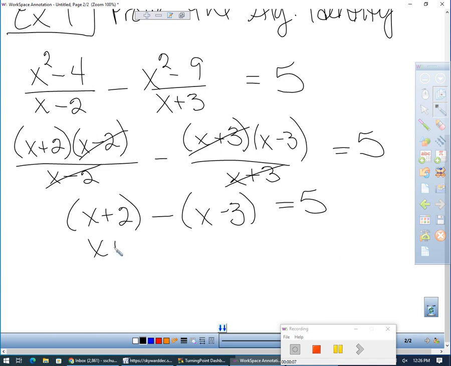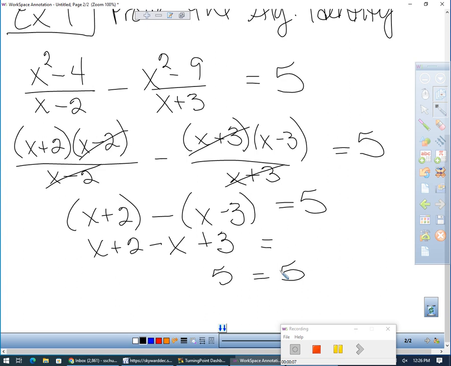All right, so I have x plus 2 minus x plus 3. Then if I collect like terms, my x's drop out, right? And 2 plus 3 is 5, and that equals 5. So we're done. So you have to keep manipulating the left until it meets the right.